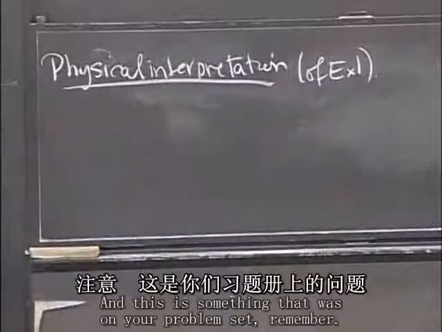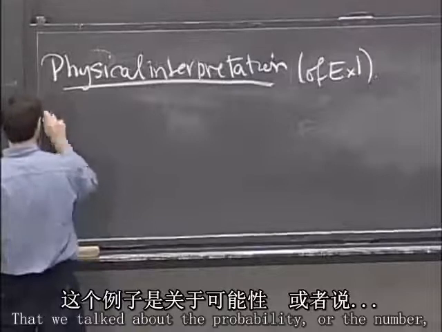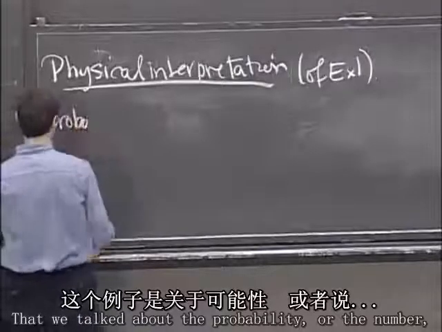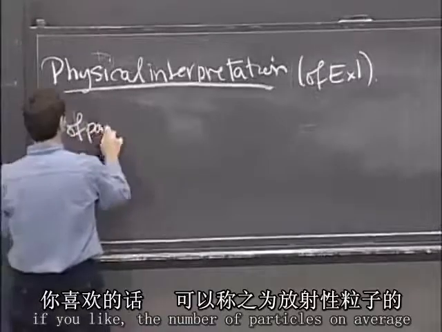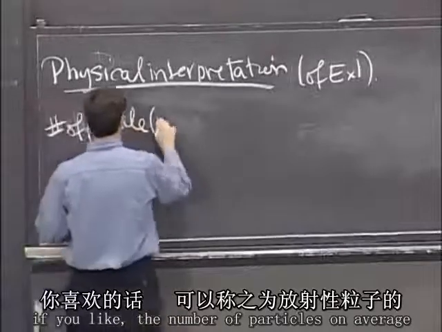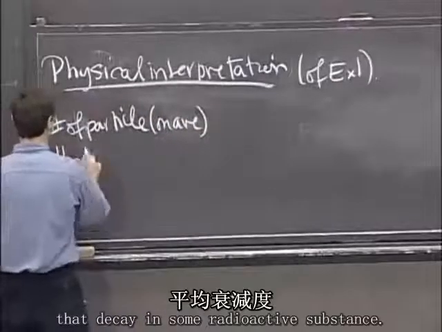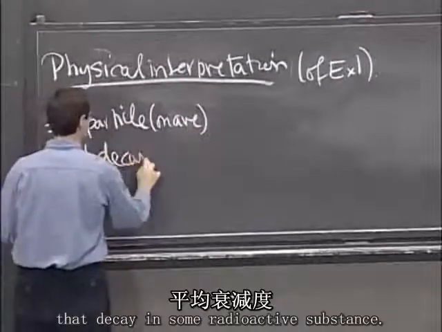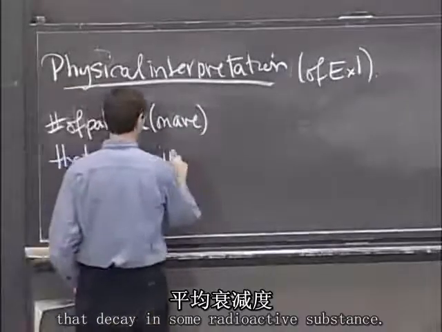And this is something that was on your problem set, remember, that we talked about the probability, or the number, if you like, the number of particles on average that decay in some radioactive substance.